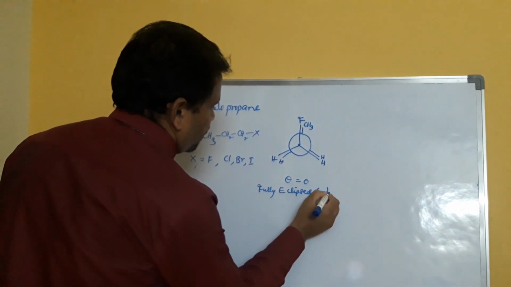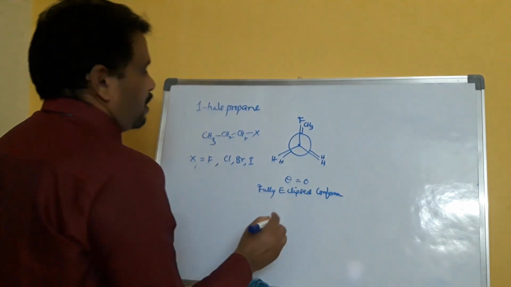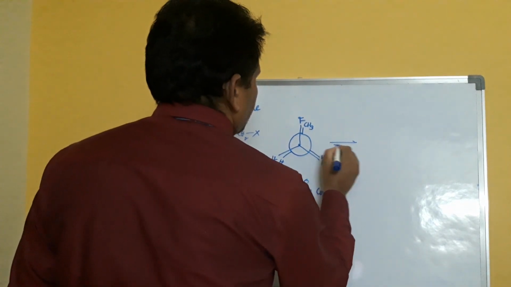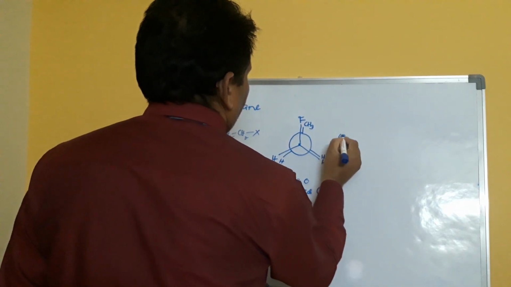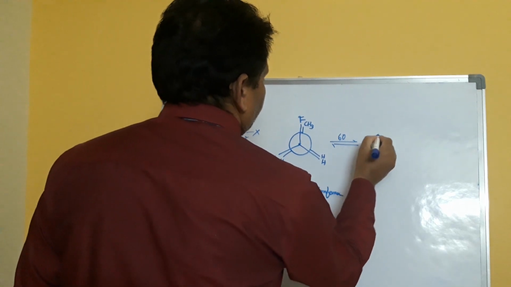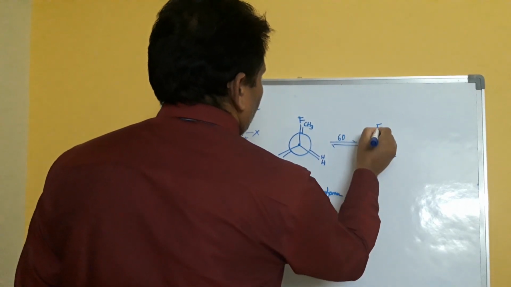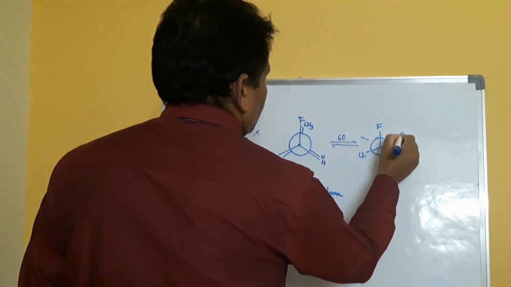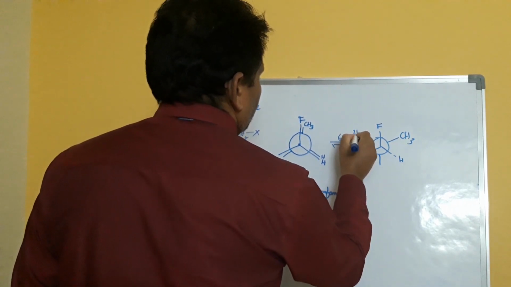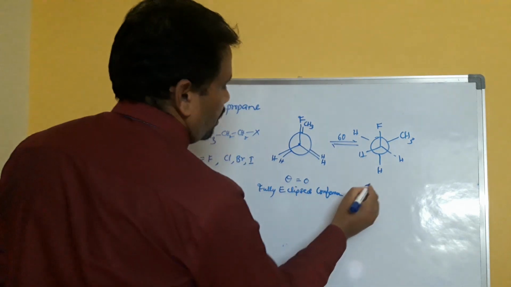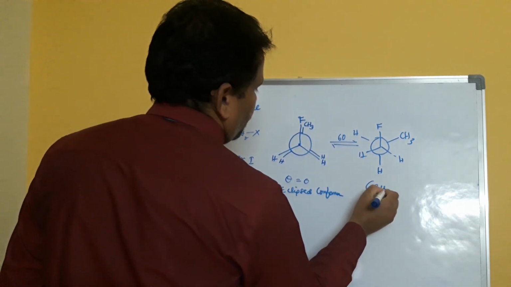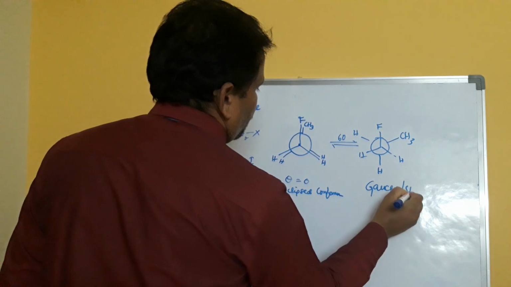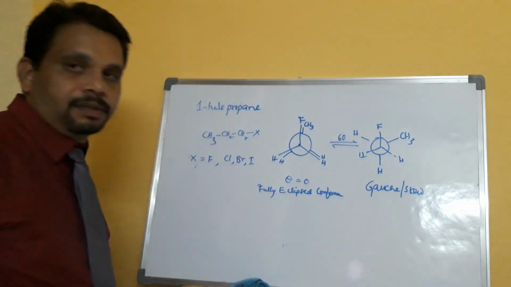Then rotate 60 degrees. You will get fluorine, hydrogen and hydrogen, CH3, hydrogen and hydrogen. So this is the gauche or skew conformer.